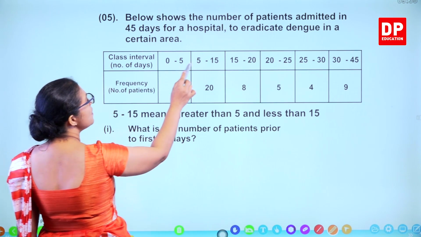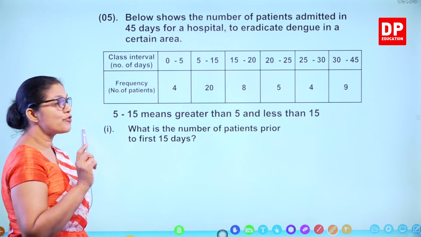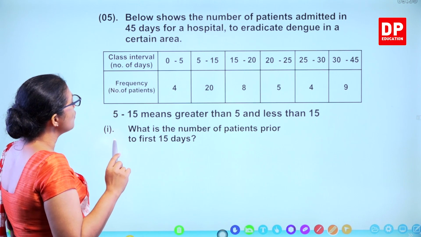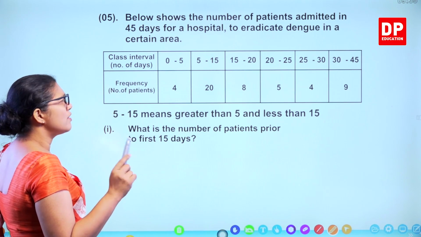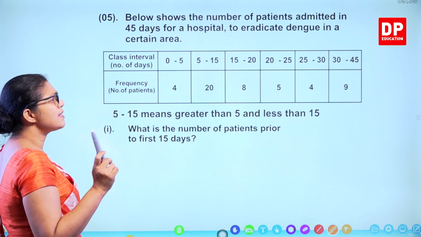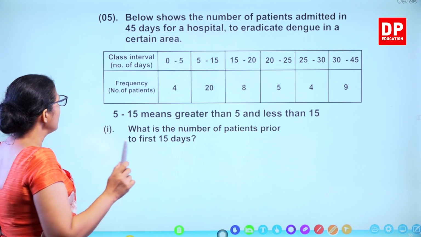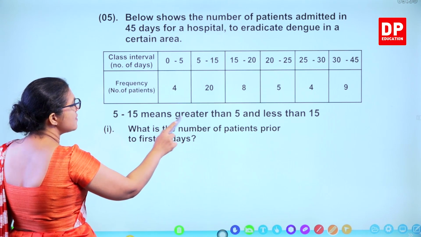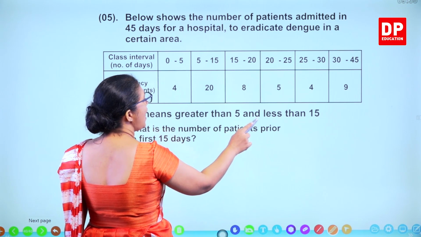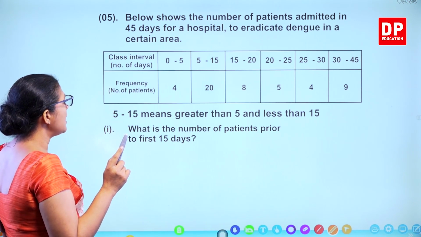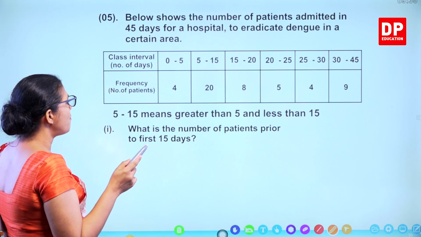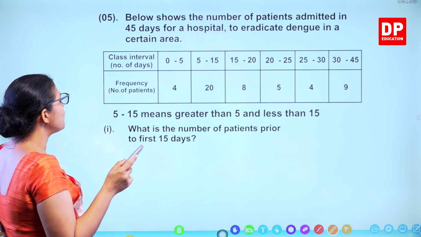Here there are no gaps in between, which means class boundaries are given: 0 to 5, 5 to 15, 15 to 20. So the class size is not the same. 5 to 15 means greater than 5 and less than 15, so the ends are not included.